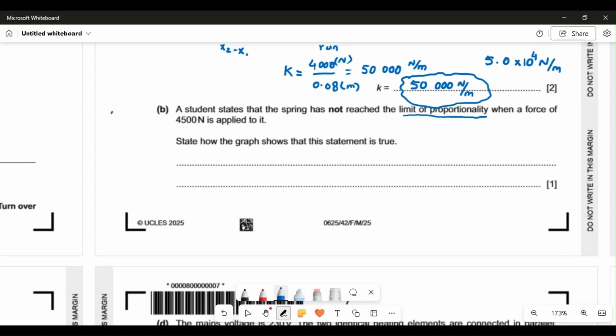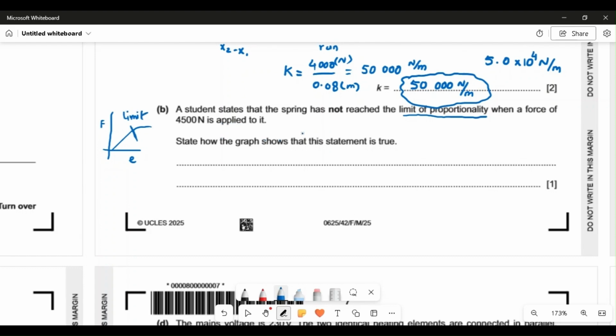For example, this is our load and extension graph. If it is straight, it says that it is proportional. But after this, when it tends to change, extension doesn't remain proportional to the force. This is beyond the proportional region. So this is called the limit.